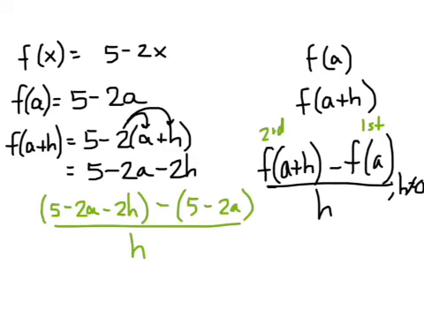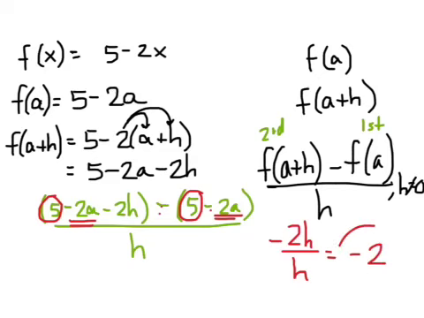Now combine like terms. That's what they're asking you to do here. So if I take 5 minus 5, I get 0. Negative 2a minus a negative 2a, well, that negative and a negative make it a positive, so therefore they cancel out. And I'm left with negative 2h divided by h, which ends up being negative 2.